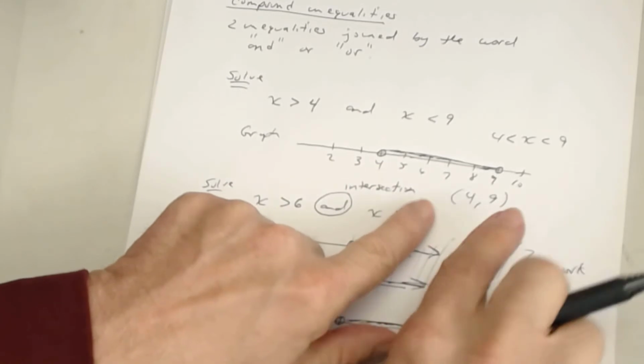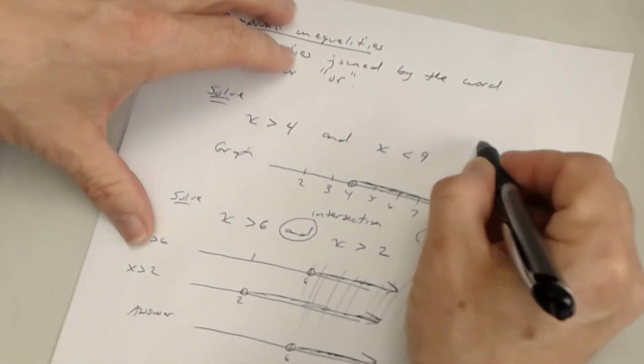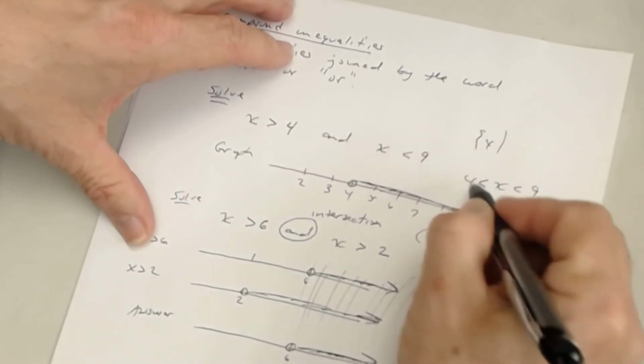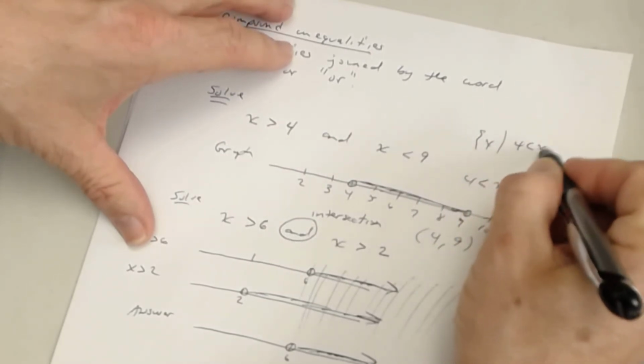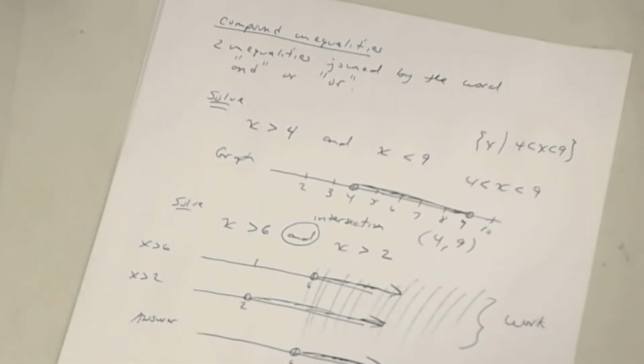Oh, okay. So you're talking about the brace, the set notation. So for set notation, you say the set of x's such that, and you just rewrite this. But on the worksheet, it's just going to say graph and then interval notation. That's all it asks.